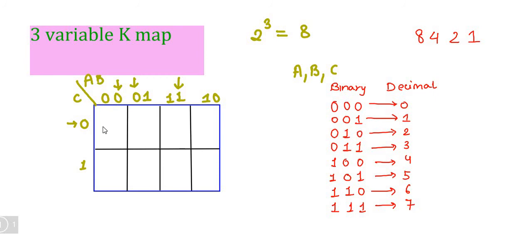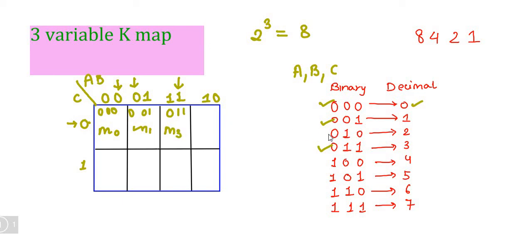So now the combination will be of 3 bits. For example, this cell will be 0 and then 00, which is this combination, so M0. The next cell will be 0, then 01. So this will be this combination, M1. The next combination will be 011, which is M3, not M2.